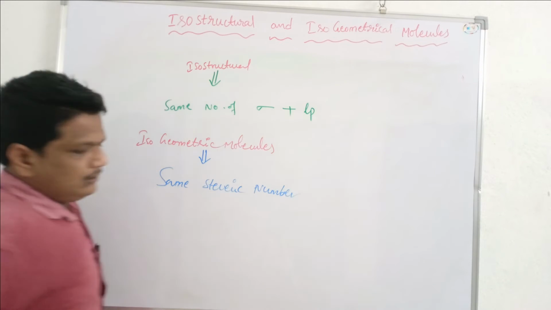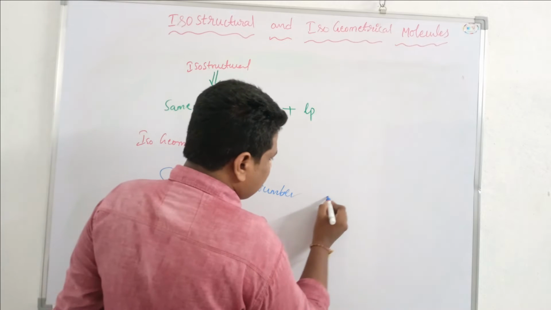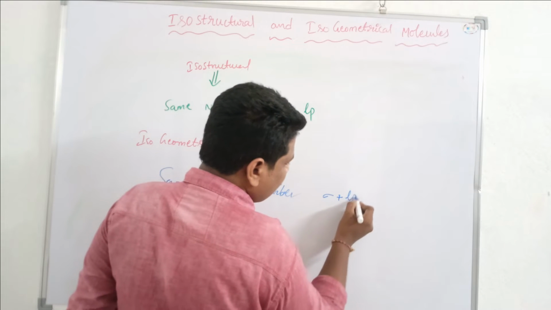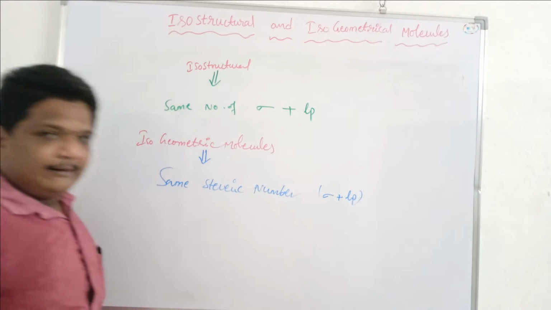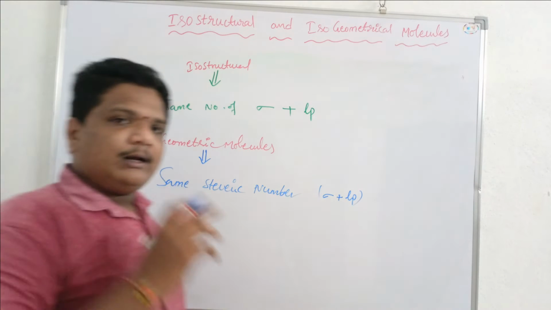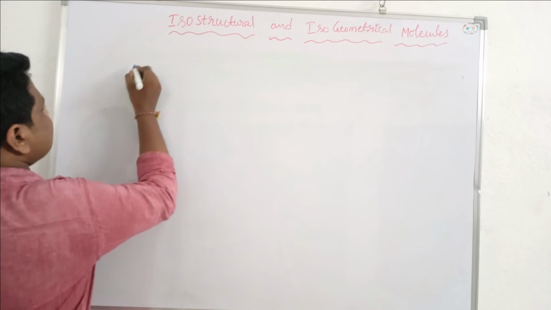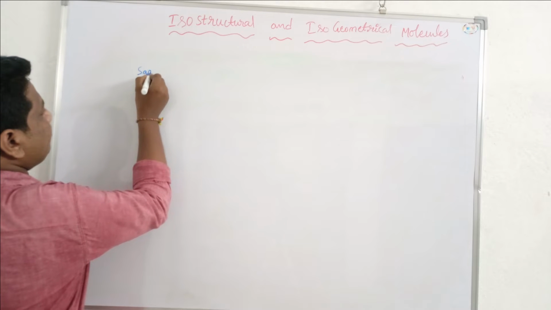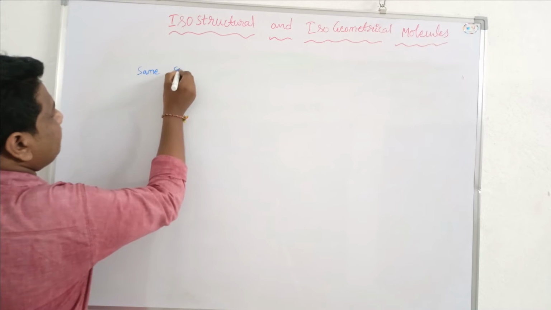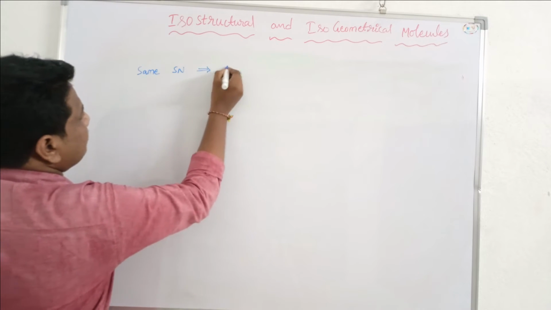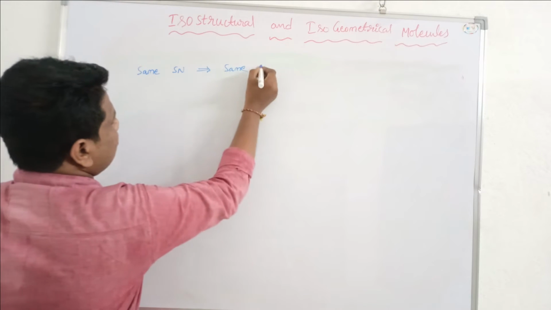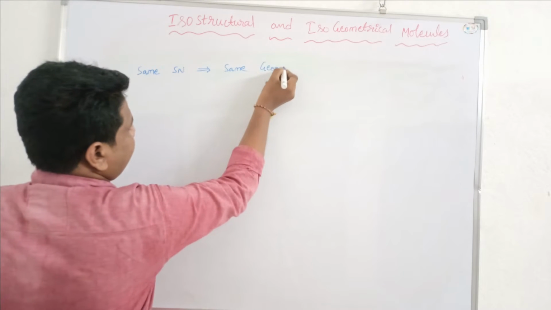Steric number means the sum of the number of sigma bonds and the number of lone pairs. The same steric number indicates the same geometry.